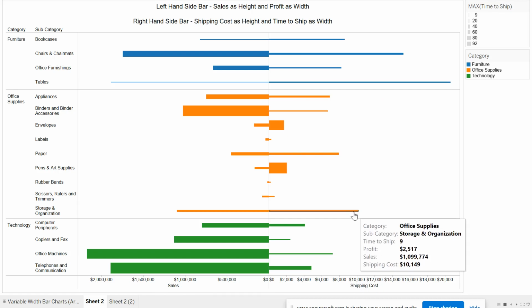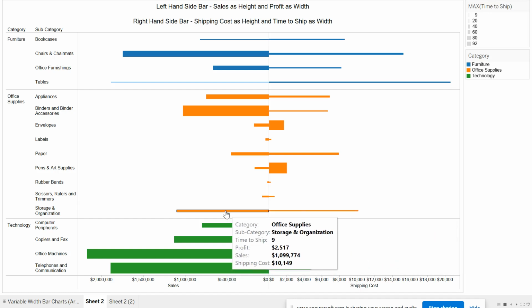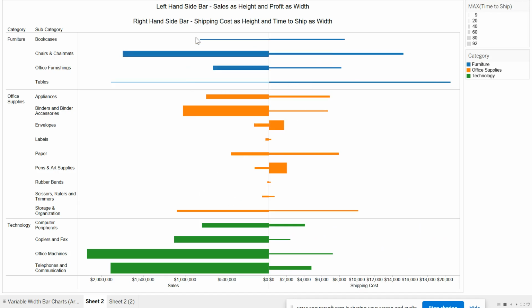For the width here we took time to ship, and profit we took as a variable chart here actually. So we are showing four measures in the same chart, and that gives you a clear understanding about the association between the four measures. And this we created with the dual axis.